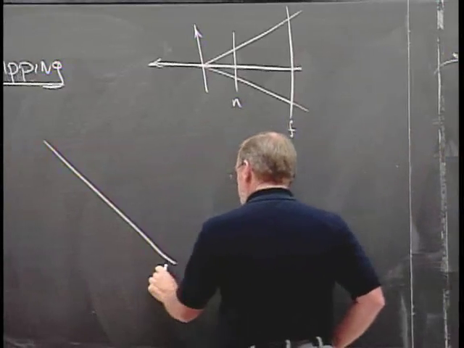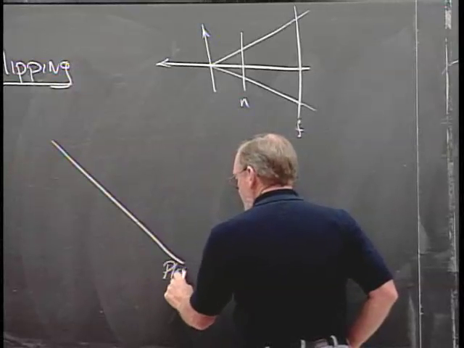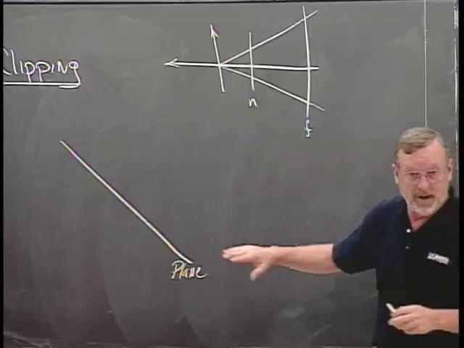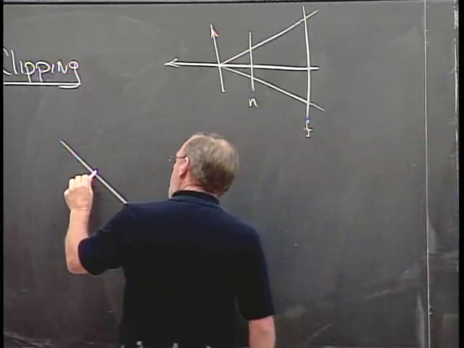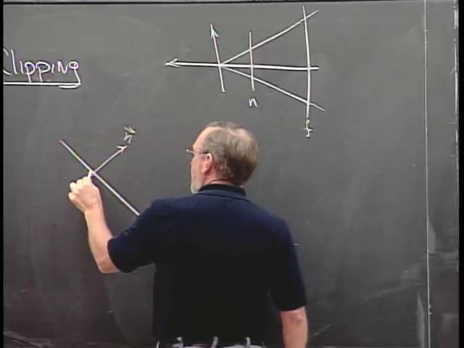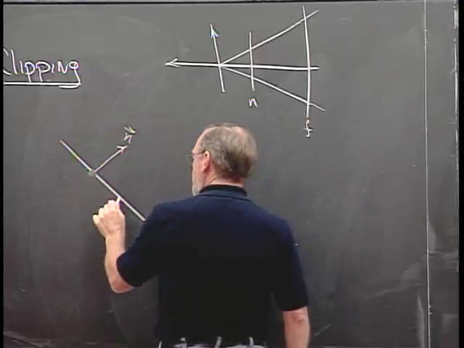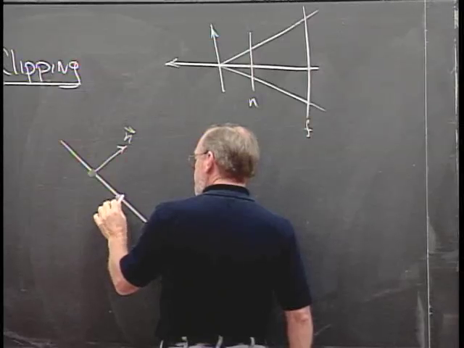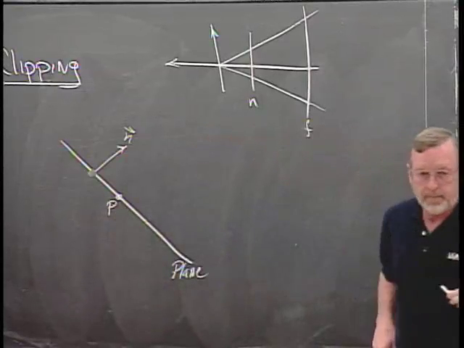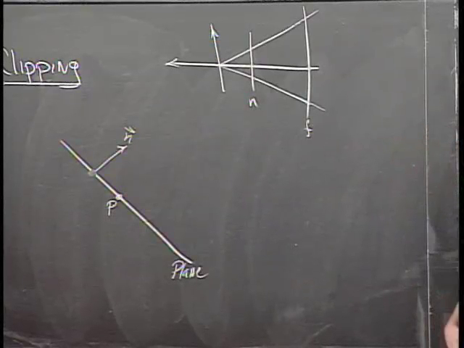Here's a plane. Again, 3D picture, this is a plane coming out at you. Every plane has a normal vector and has some point on the plane. I'll put the point over here, some point P. And this kind of makes sense, right?